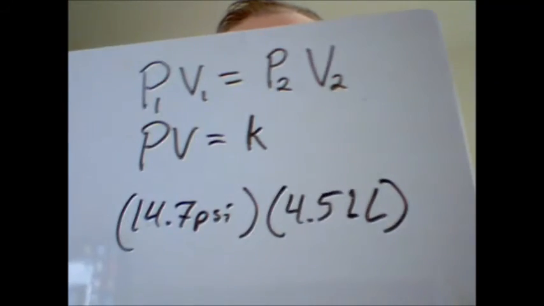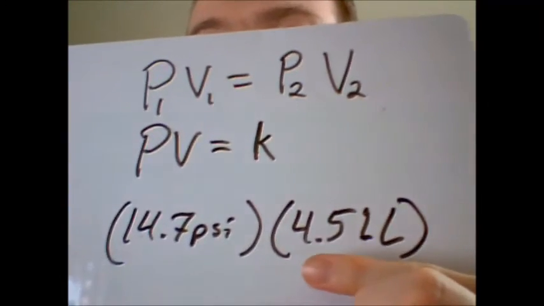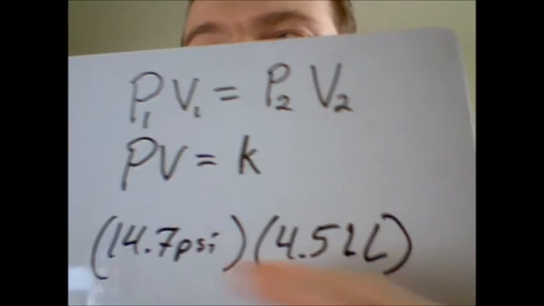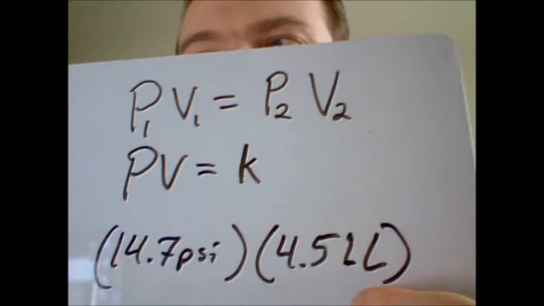The first thing we're going to do is fill in all of those values. So P1 is 14.7 psi, and we're going to multiply that with V1, which is 4.51 liters. All right? So right now, it should look like that. Right here. We got 14.7 psi, 4.51 liters.